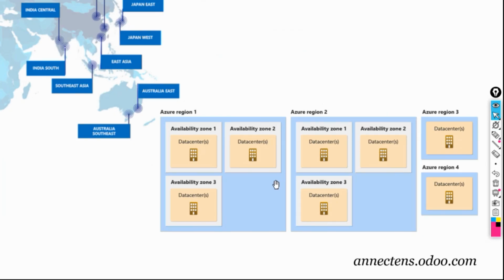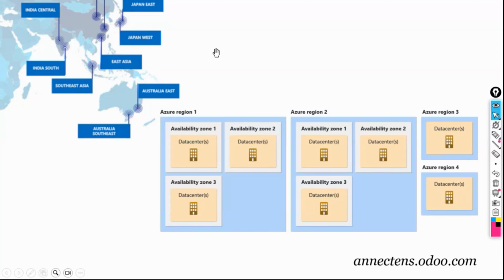Every region has scalability. For example, in the United States there is East US 2, Central US, West US, West US 2, and so on. In Asia Pacific, Singapore is Southeast Asia, Hong Kong is East Asia, then Japan East and Korea Central.